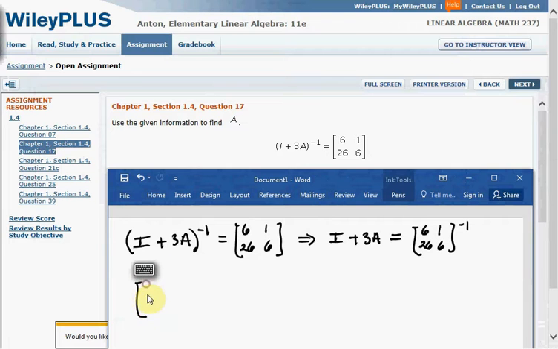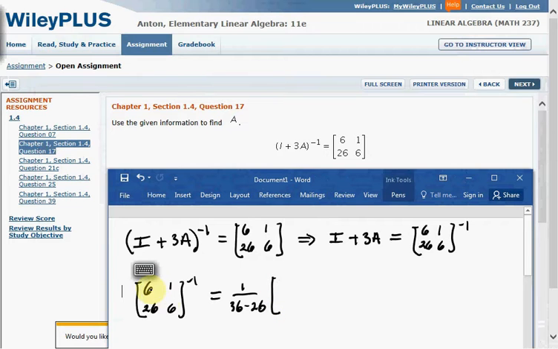So this matrix, we find its inverse. So this becomes that multiplier, 1 over AD minus CB. So it's 1 over 6 times 6, 36, minus the 26 times 1, 26.